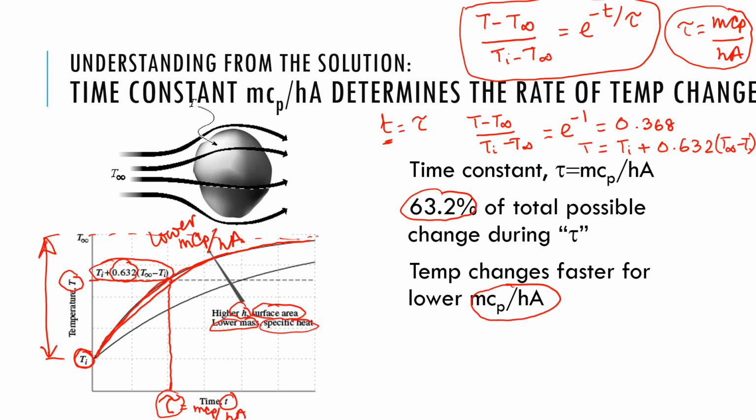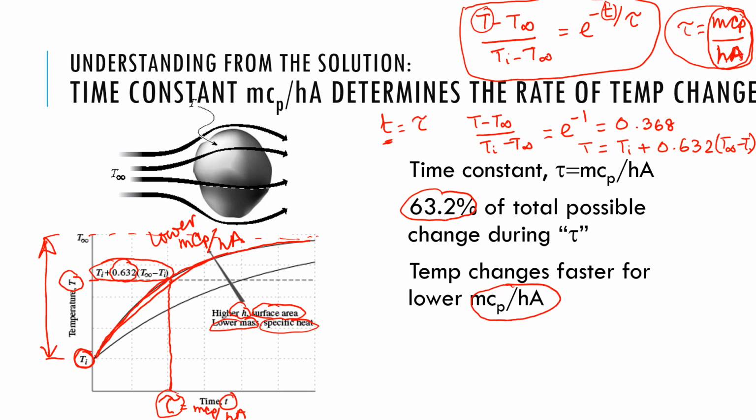So that's the understanding of this lumped parameter, that we have temperature versus time, and that temperature versus time still depends on these physical quantities: the mass, the specific heat, the heat transfer coefficient outside, and surface area.